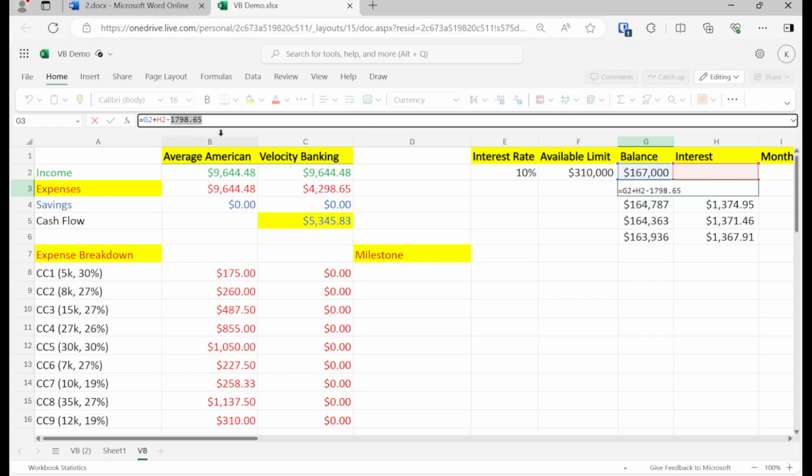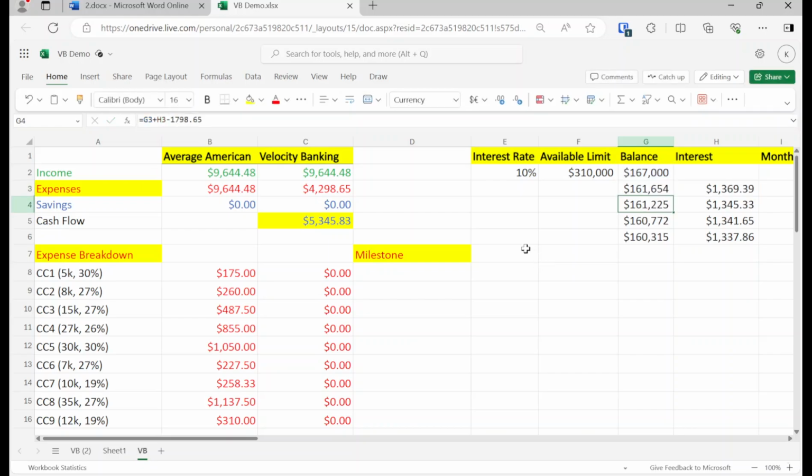So now let's go ahead and put that number in. So 5345.83. And again, we went from zero savings to zero cash flow to still zero savings, but a cash flow of 5,345.83, right? So now let's go ahead and do this.